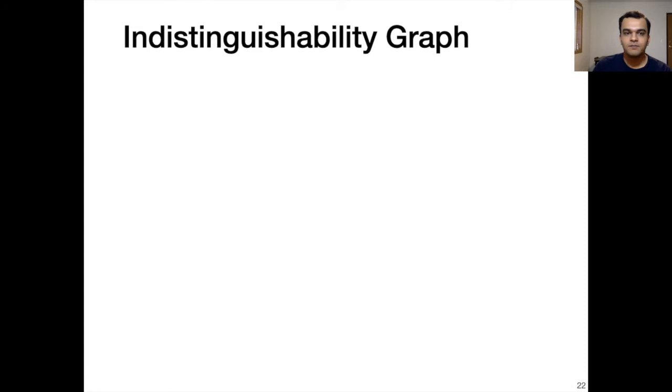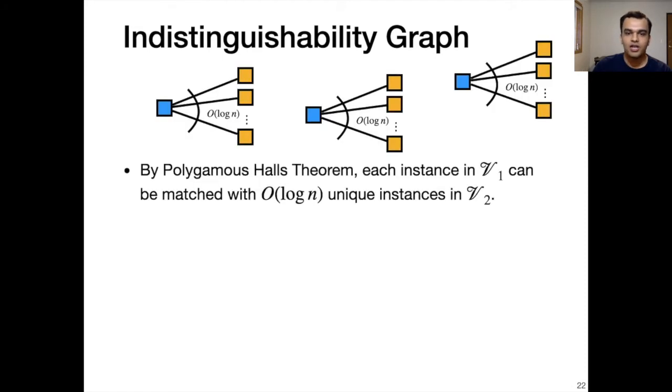And in fact, we use polygamous Hall's theorem to show that each instance in V1 can be matched with O of log n unique instances in V2. This polygamous Hall's theorem is essentially O of log n separate applications of the normal Hall's theorem that we know.